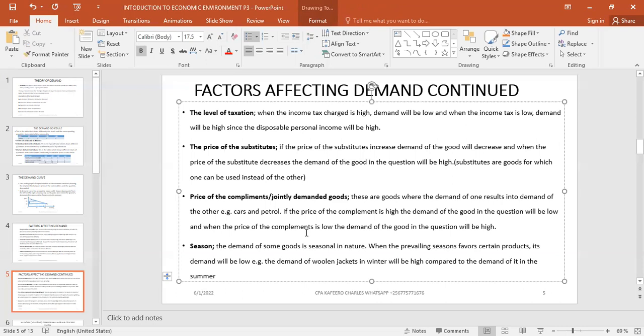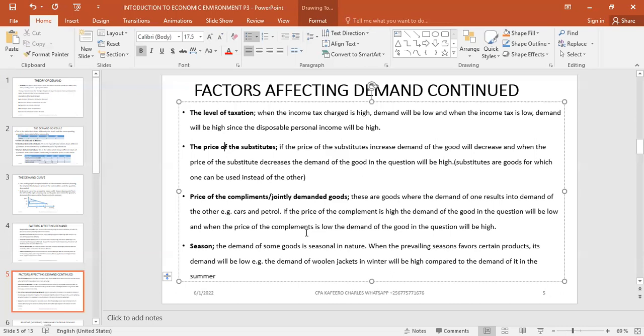If, let's say, someone wanted to buy beans, and you find that the price for beans has increased, but for the other substitute, let's say peas, the price has remained constant, we expect that someone will just leave buying beans and go for peas, because those items serve almost a similar purpose, or they do exactly what the other one does.